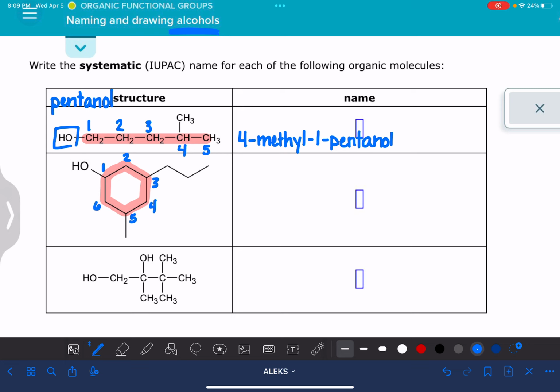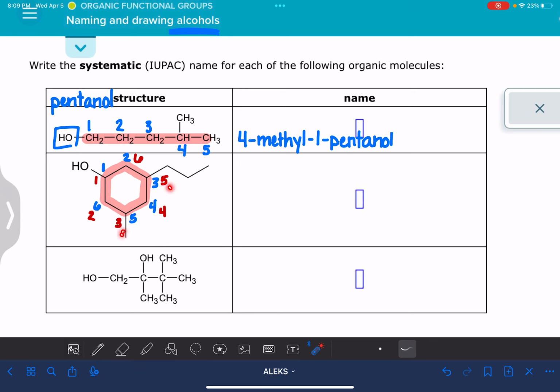So there's one option, and in this option, our substituents are located on 3 and 5. We also want to think about the possibility of numbering in the counterclockwise direction. I'm going to do that in a different color. In this option, our substituents are located on 3 and 5. It's like a tie. If we go one way, we have 3, 5. If we go the other way, we have 3, 5. What are we going to do in this situation?